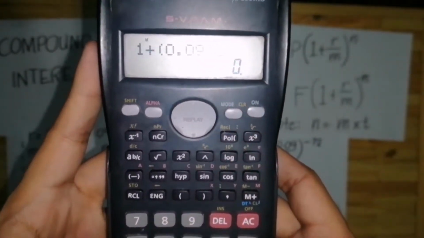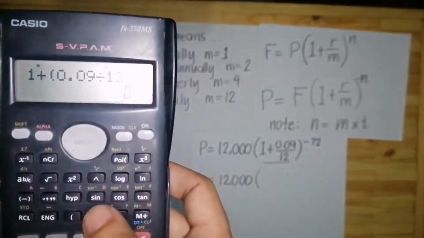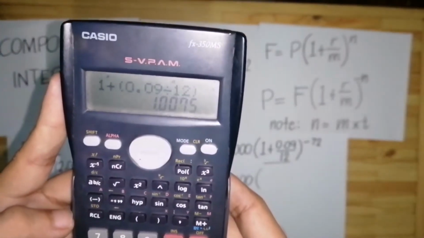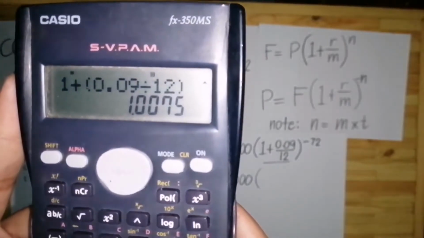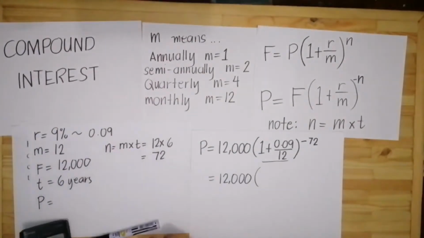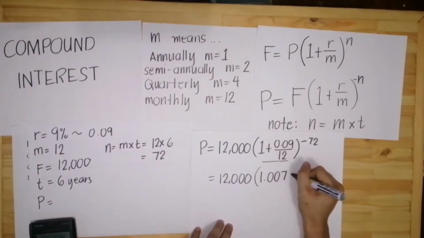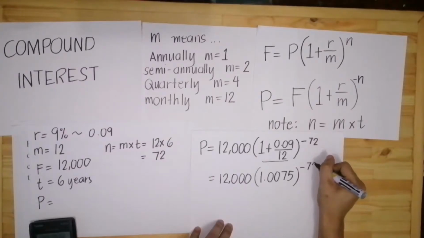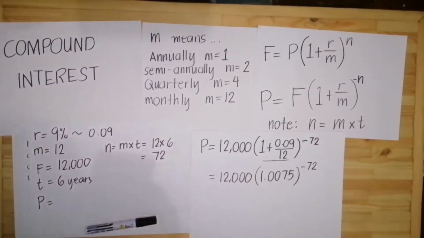Close parenthesis. So, ngayon, ito yung magiging value natin. Meron tayong 1.0075. So, lagay natin yung lahat. 1.0075 raised to negative 72. So, press mo ulit sa calculator niyan para makuha yung final answer.